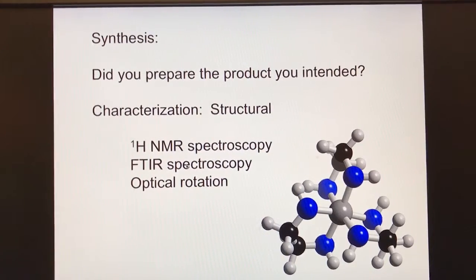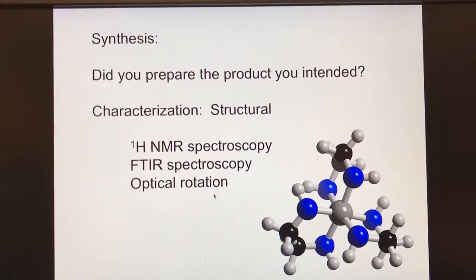And so this will give you a chance to look at the various vibrational modes with, for example, the amine stretches, the cobalt-nitrogen stretches, and things like that that are indicative that you did indeed synthesize your compound. And then, of course, optical rotation, that's going to give you an idea of how well you separated those two enantiomers from each other.